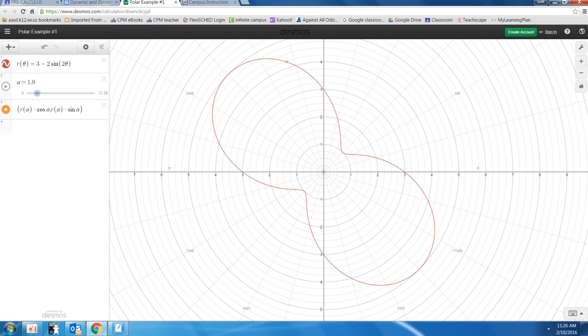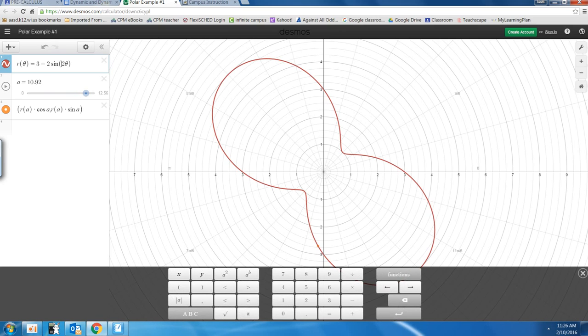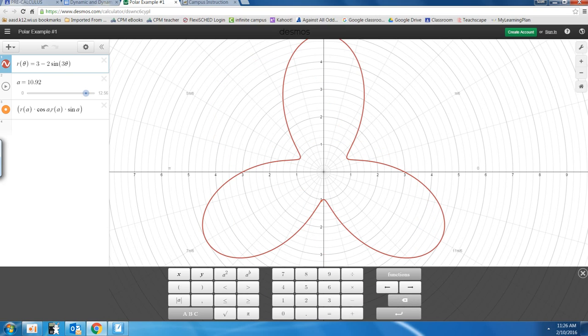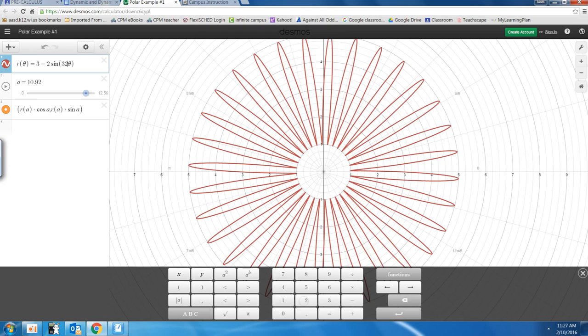You can change things, and you can even have this animate, which can be a little bit fun to watch. You can change things on here pretty easily and see how they change. If I did 3 theta, you're going to see that object changes. If I did 32, maybe that'll bring out the sun in these winter days.